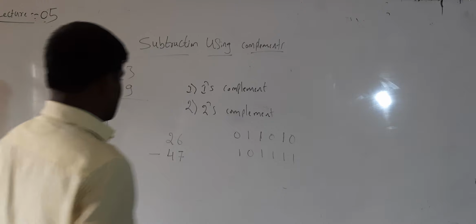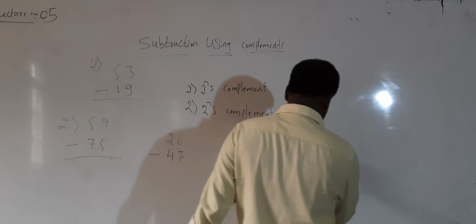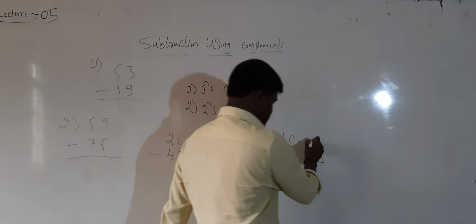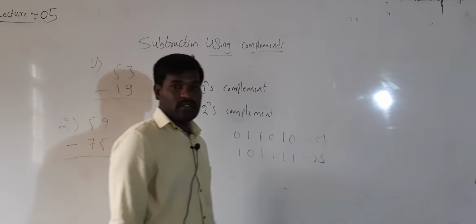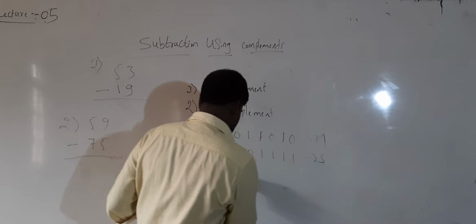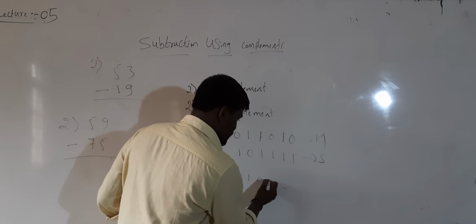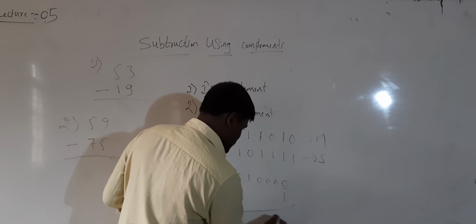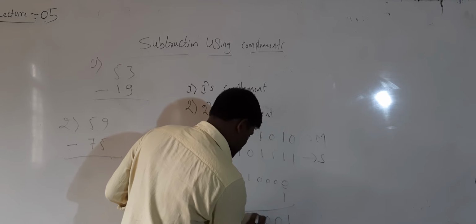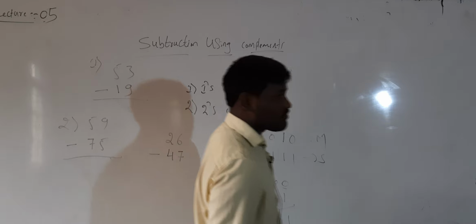So next, this is the subtract. This is the minus. Okay. So you can convert the subtrahend to the 2's complement. That is 0, 1, 0, 0, 0, 0 plus 1. That is 1, 0, 0, 0, 1, 0.